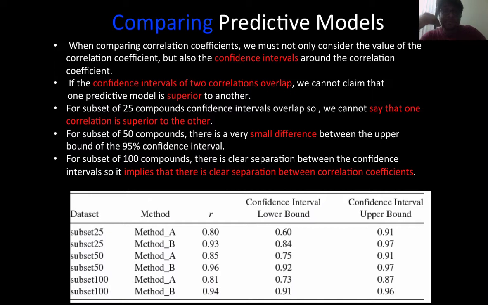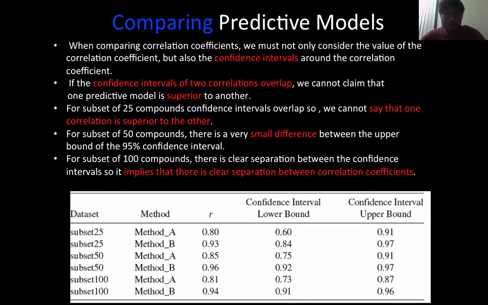For example, which is given in the table below, we took a subset of the Huskonen set of 25 compounds, 50 compounds, and 100 compounds, and used two different methods, like random forest and some other method, which is given as method A and method B, and computed the R and the confidence interval.